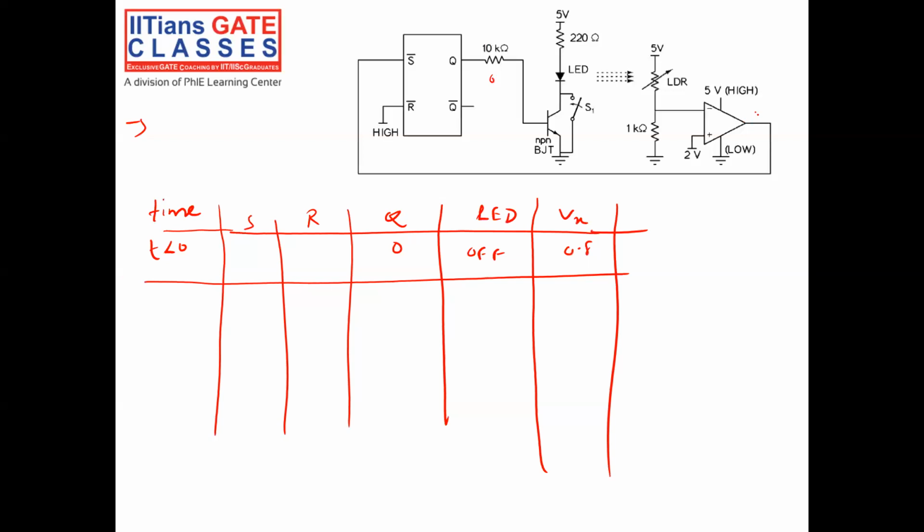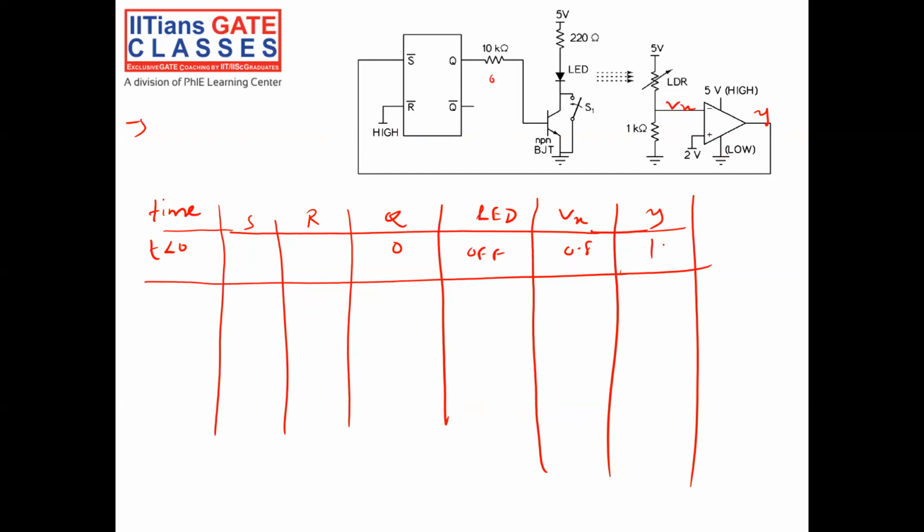Suppose this is X, this is Y. The node is Y. Node Y is how much, guys? 1, because this is Vx, and Vx is 0.8 volt.